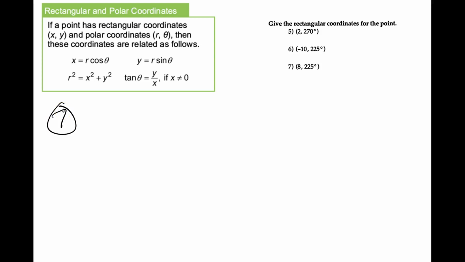Okay, and now a look at our last example of polar coordinates going into rectangular coordinates. Okay, so we're going to transform that. All right, and it's very simple. We're going to take a look at this right here, number 7, which says 8 and 225 degrees.